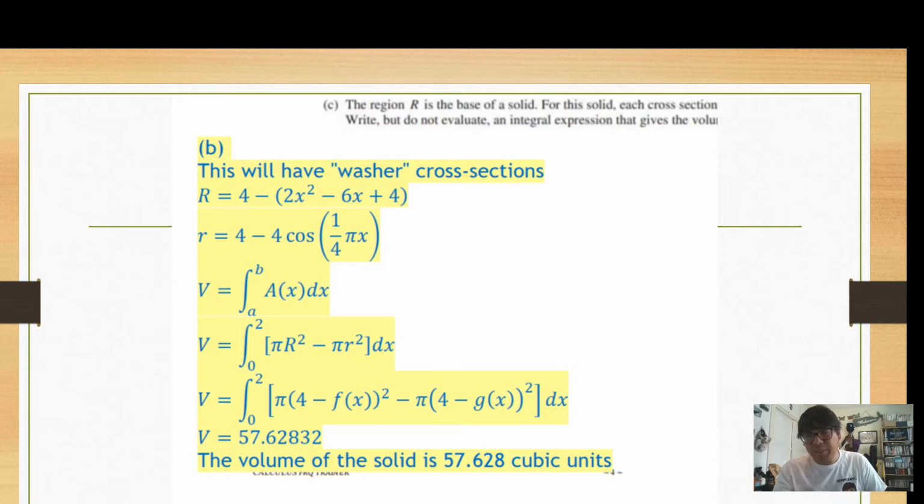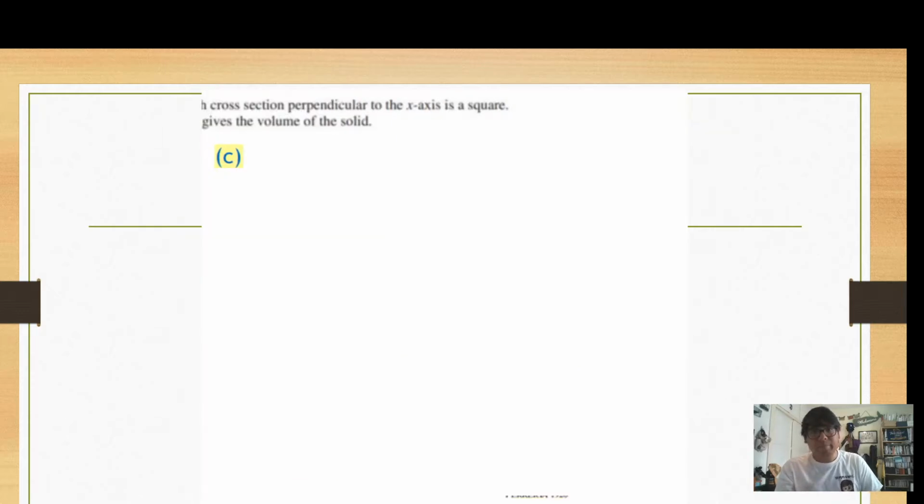Which brings us to letter C. Now in C we're looking at cross sections that are squares, and the first question is which axis they are perpendicular to. They are perpendicular to the x-axis, which means that our equation should be dx. Everything should be an x in this equation.